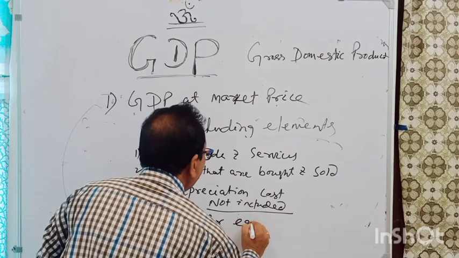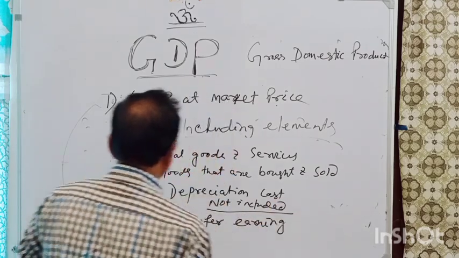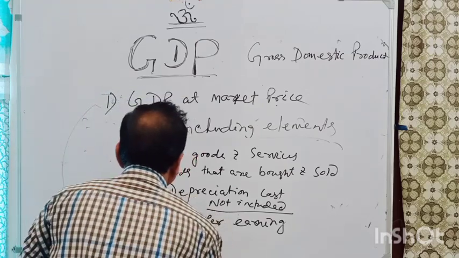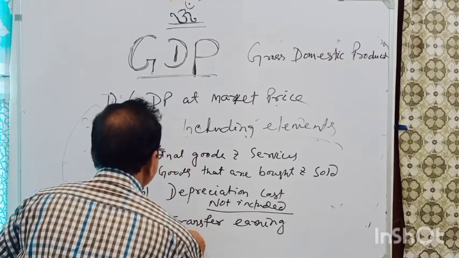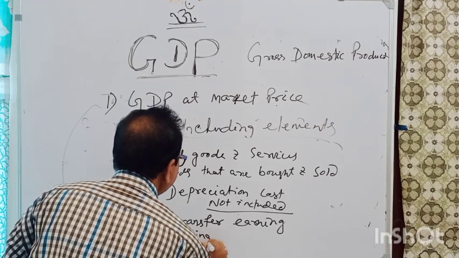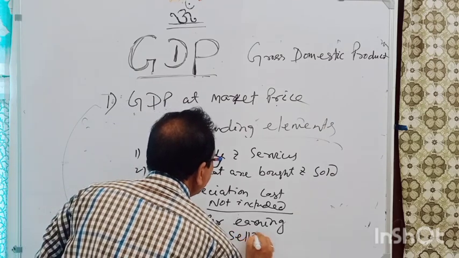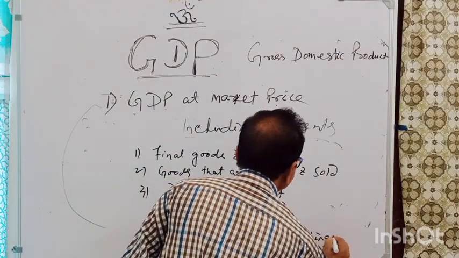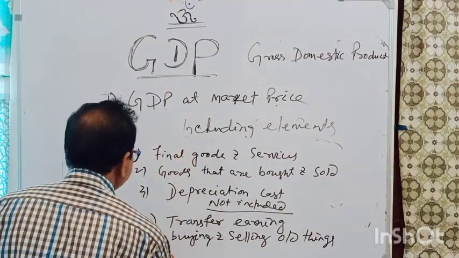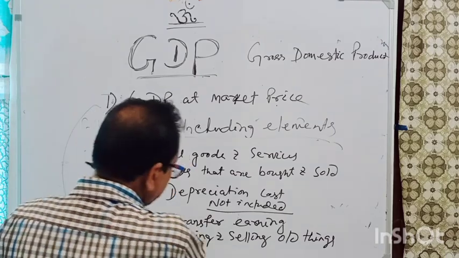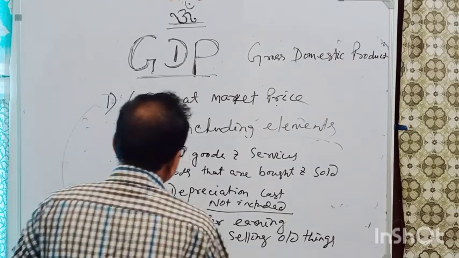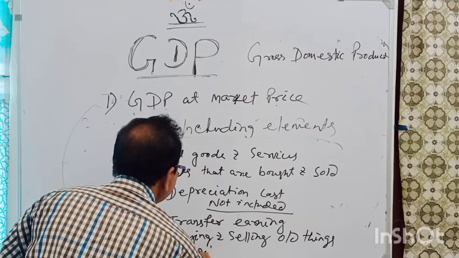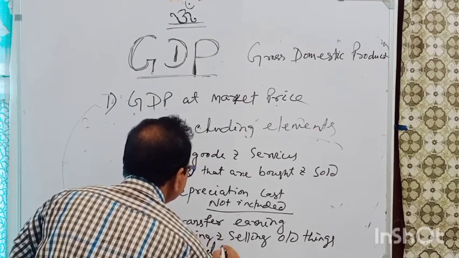Second, buying and selling of old things. Third, illegal income.